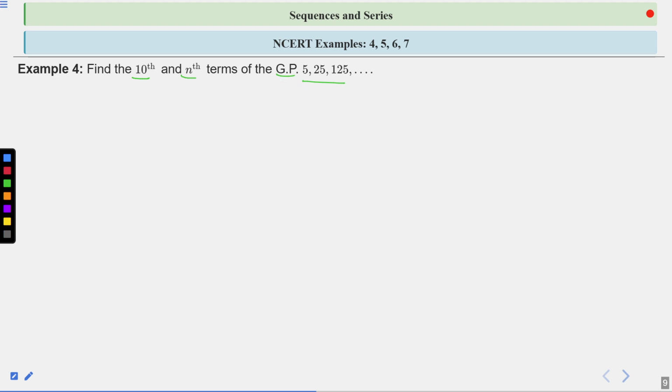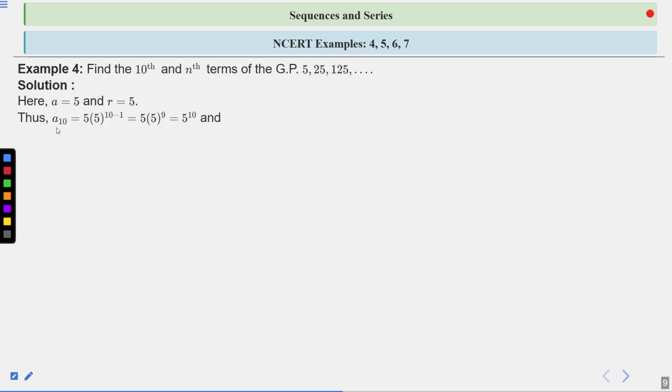As we are already told that the given sequence is a GP, solution. The first term is 5, and to get your common ratio, just divide 25 by 5 or 125 by 25. In this case, we are getting r as 5.